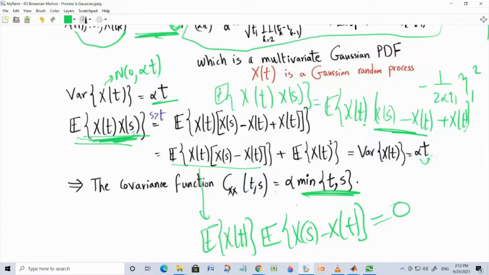And this is a confirmation that the process is not stationary, because for wide sense stationary processes, the covariance function should depend on the difference t minus s or s minus t, but it cannot have a dependence on the time instance that looks something like this. Any questions?